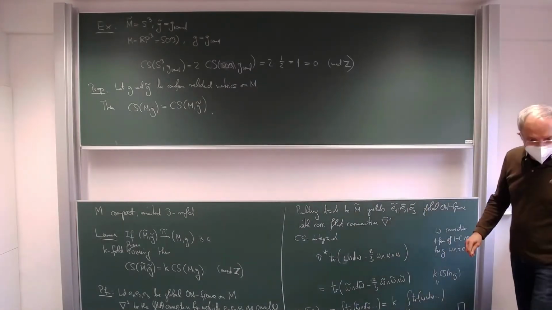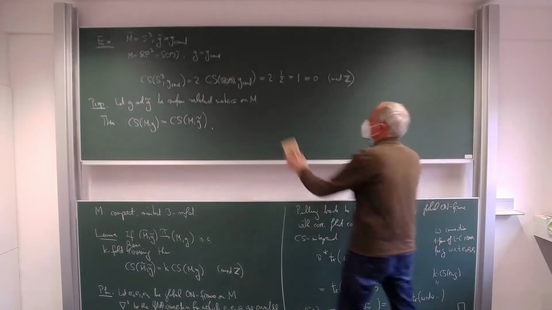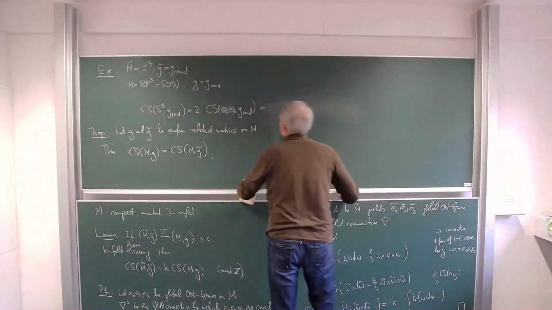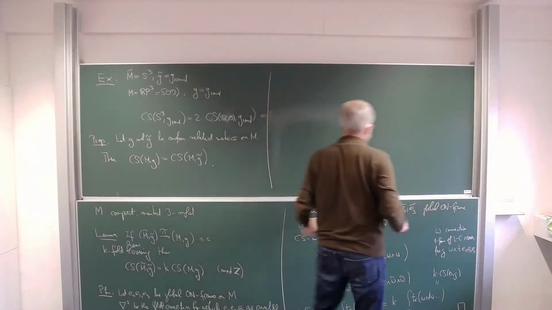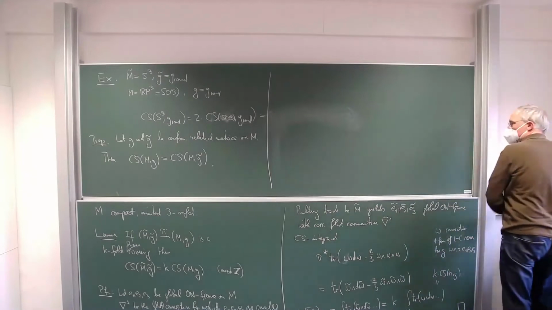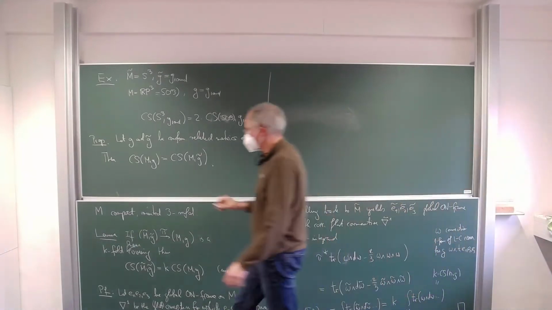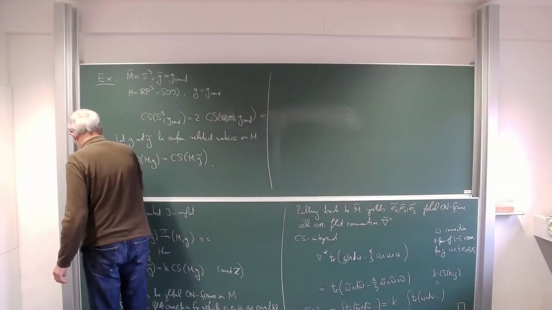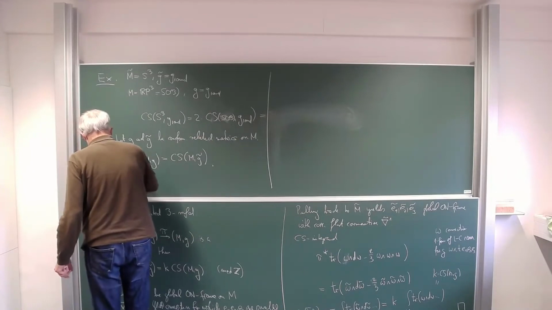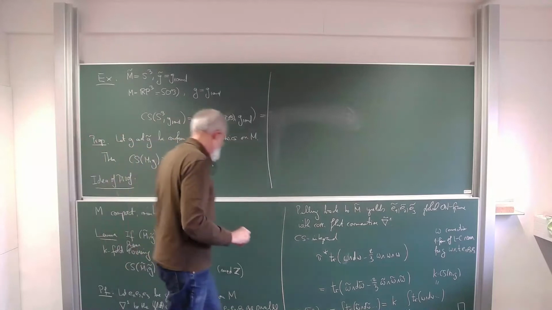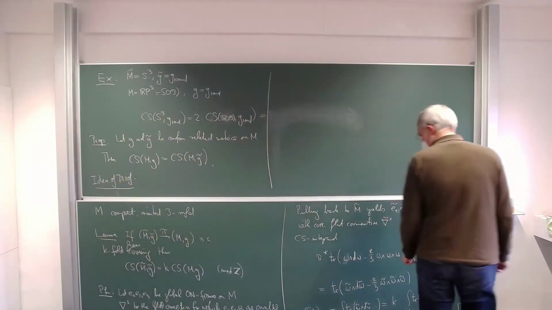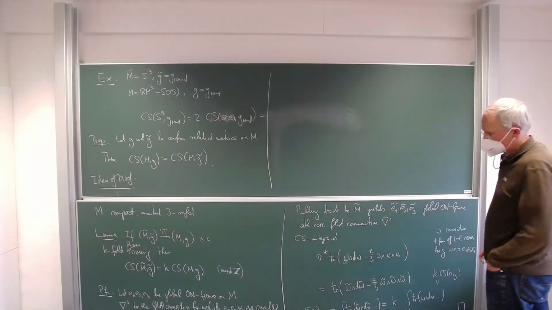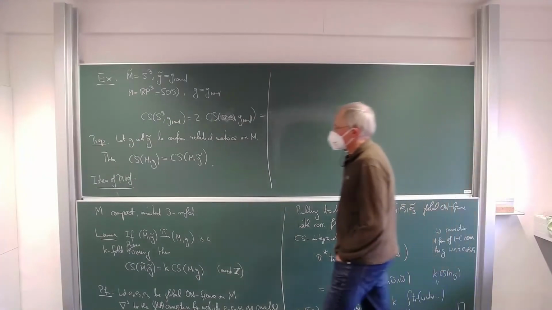So why is that? Proof, or idea of proof. Again, we need background sections, metric and connections in order to write down the integrand.